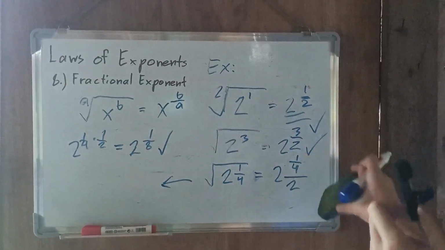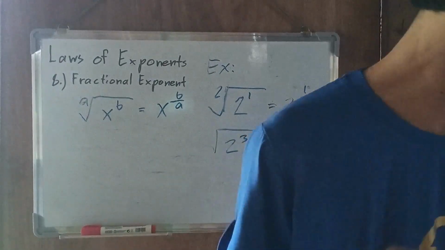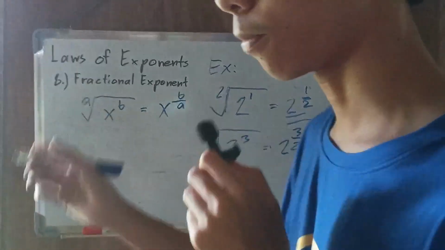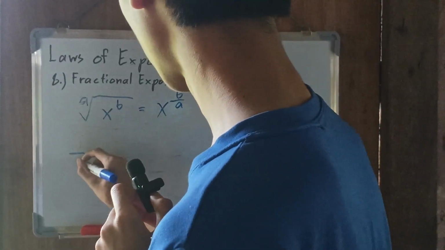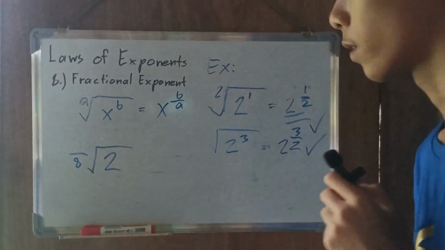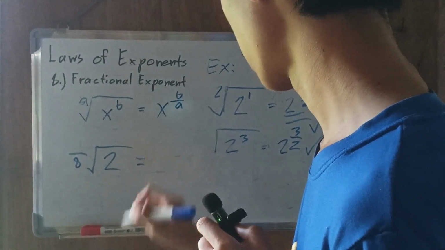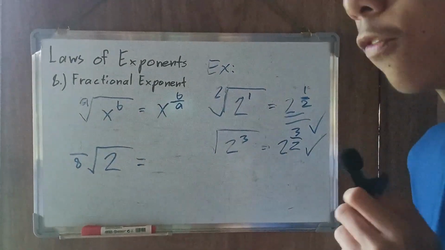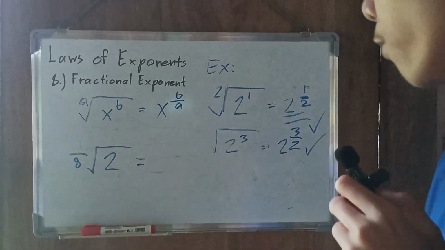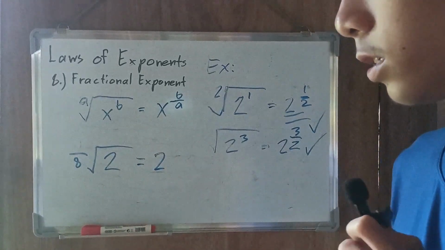Now let me erase this a little bit. What if the root itself is a fraction? An example is the 1/8 square root of 2. Actually, the easiest way to identify this is very simple. If the degree is 2, you put 2, and the answer here is 1/8.